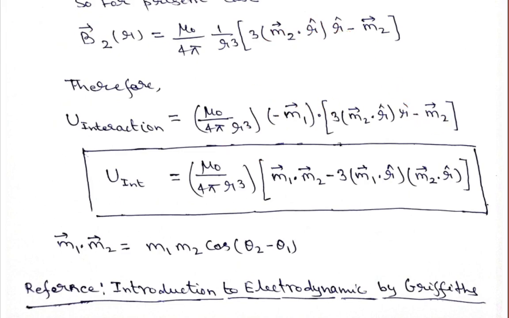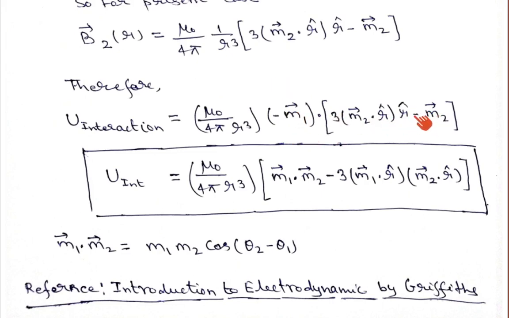Okay. So here this is m2, this is r unit vector. So we can solve this. If we solve this, the U interaction will be equal to mu 0 upon 4 pi r cube. And then this minus sign, if we take it into account, it will be equal to minus m1 m2, so there will be a dot product of m1 and m2.